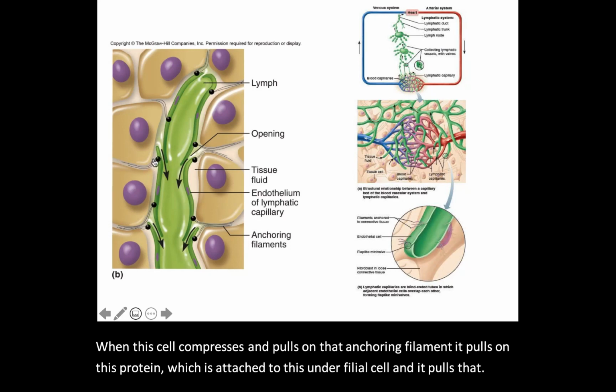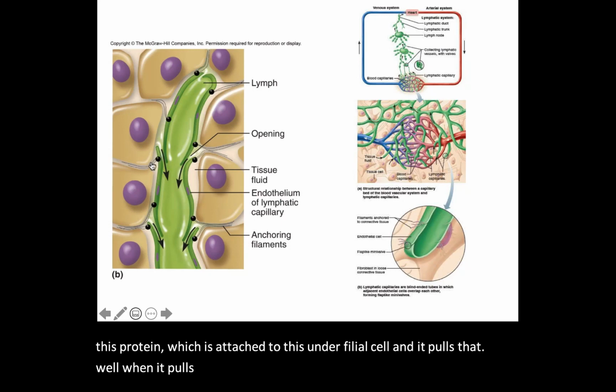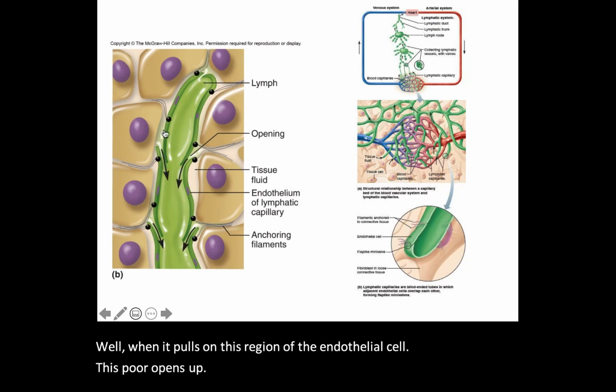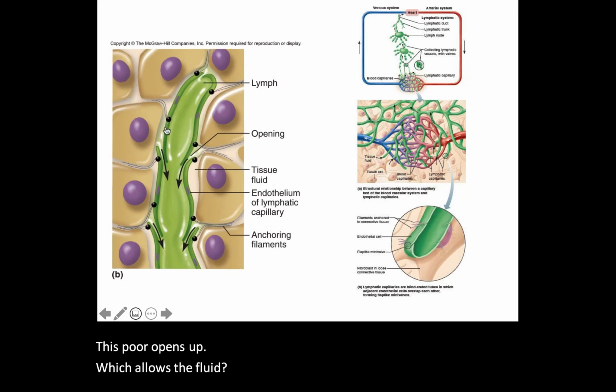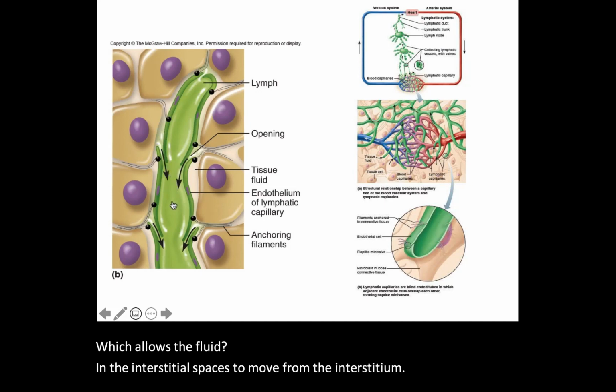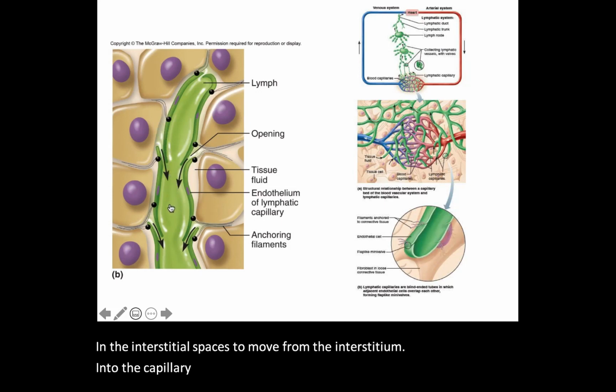Well, when it pulls on this region of the endothelial cell, this pore opens up, which allows the fluid in the interstitial spaces to move from the interstitium into the lymphatic capillary.